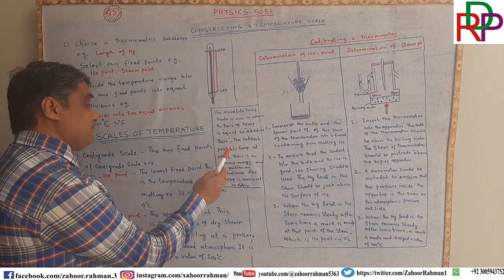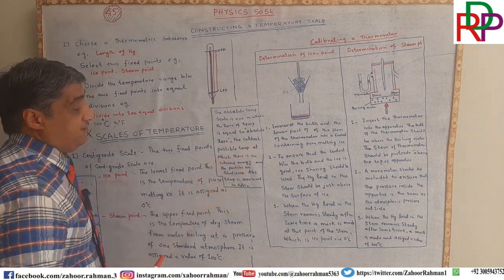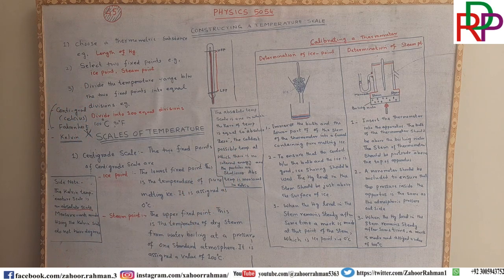The coldest possible temperature at which there is no internal energy, that is absolute. The lowest possible temperature is absolute zero.